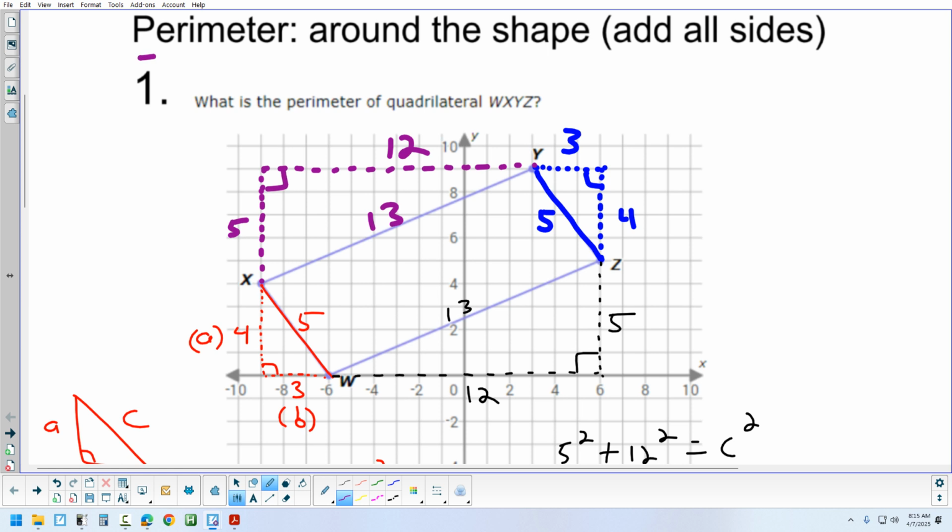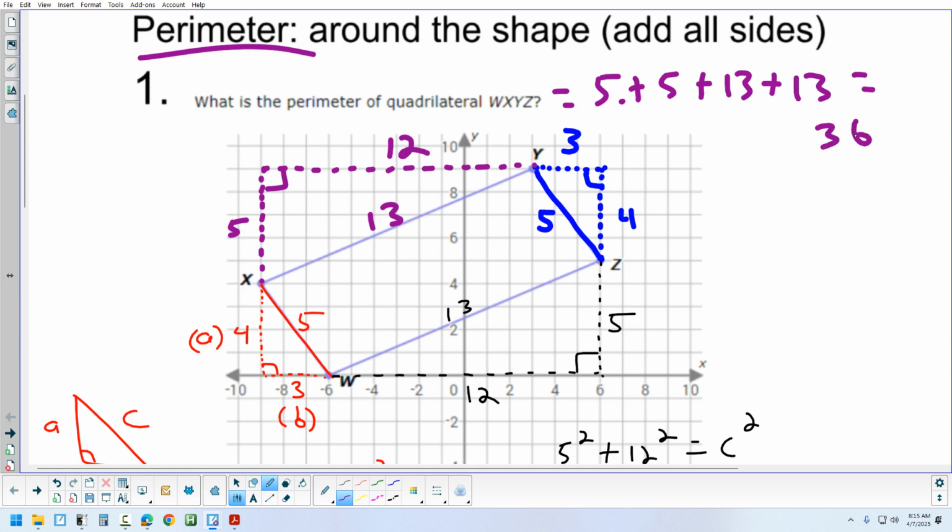Now, once we know all the sides, we can figure out whatever they want us to know. In this case, perimeter. All right. If we add them all up, it's 5 plus 5 plus 13 plus 13. So the perimeter, 5 plus 5, 13 and 13 is 26. And then another 5 and a 5 is 10 more.